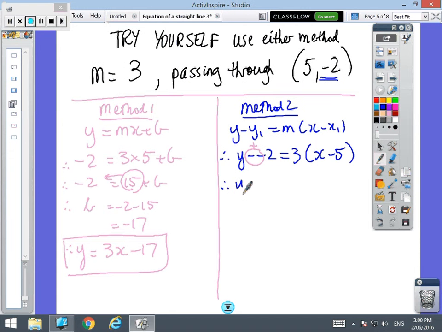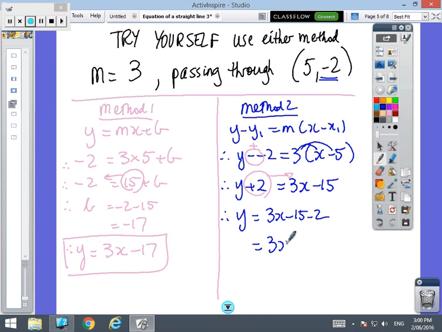So we've got y plus 2 equals 3x. Okay, just multiplying out, minus 15. Plus 2 becomes minus 2. So we've got 3x minus 15 minus 2, which you can do in your head. And it has to be the same answer because it's the same question.